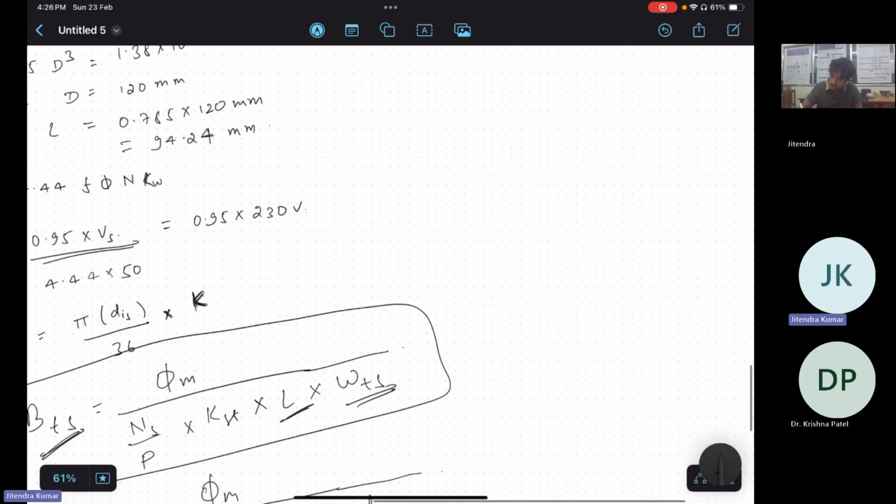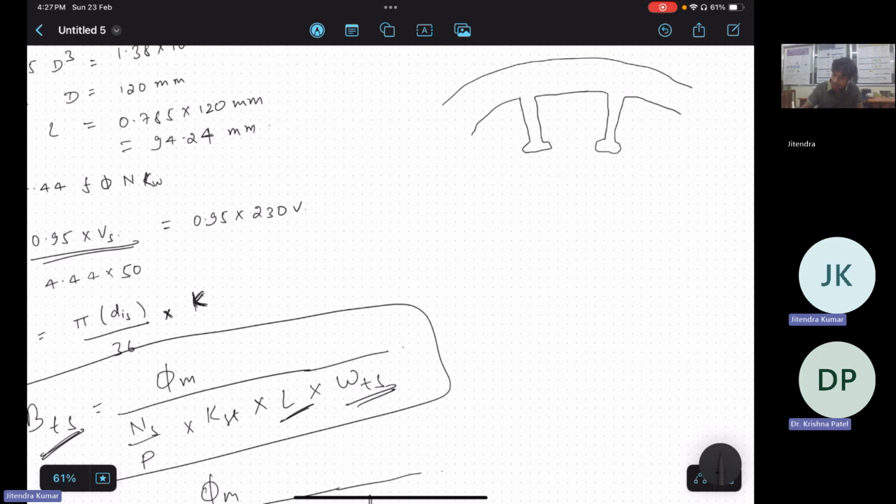How much will be the tooth width? This is the inner radius.